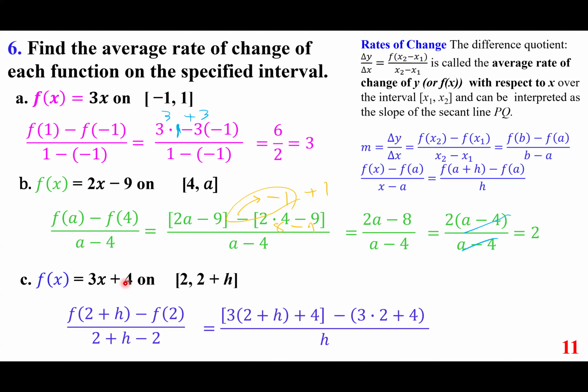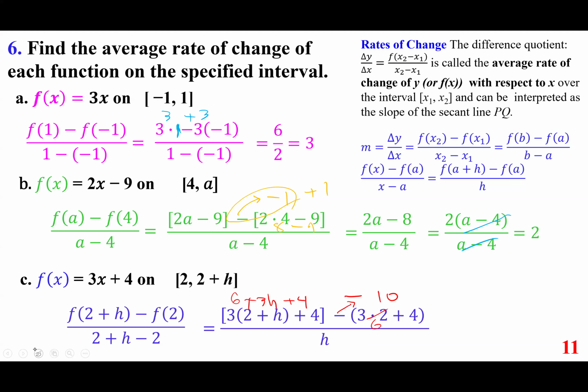So what is left is just simplification of the numerator. Let's do that, everybody. So 3 times 2 is 6, plus 3h, plus 4. And I hope you see that this is 10, right? 6 and 4, 10. Minus 10.